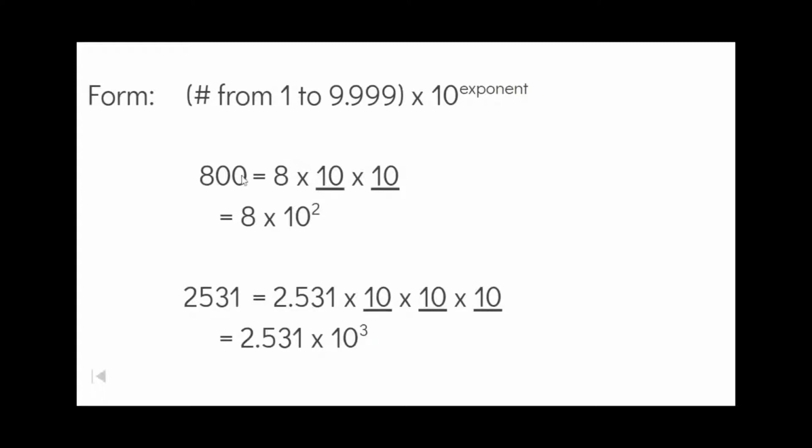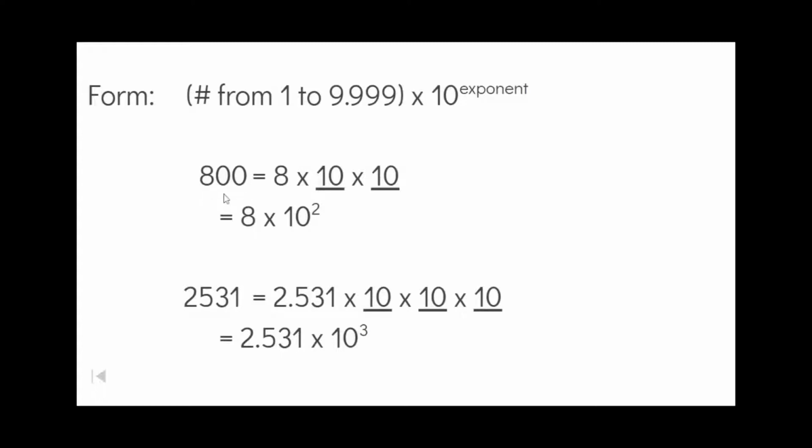We know that each of these zeros represents a power of 10. The ones place, the tens place, the hundreds place. Because the hundreds place has what we would consider a significant figure, a number other than 0, that 800 needs to express itself as 800, we must keep the 8.